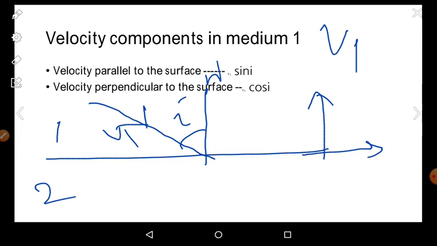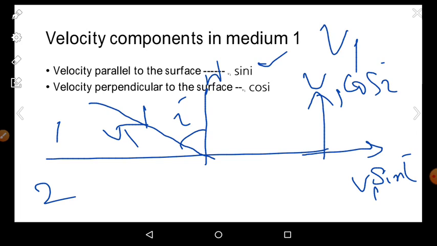Parallel to the surface is V1 sin I and perpendicular to the surface is V1 cos I. So parallel component will be V1 sin I and perpendicular component will be V1 cos I. This is resolved into two components.